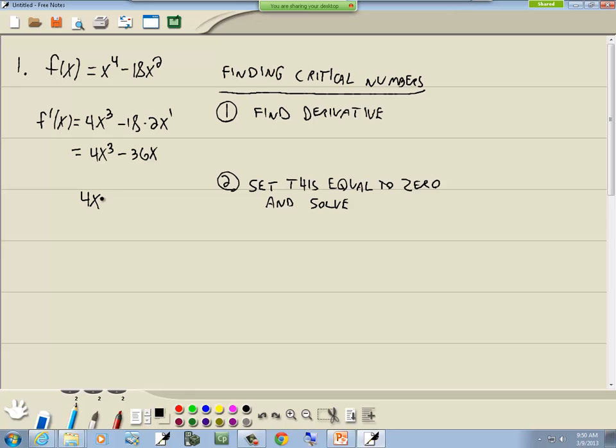So we've got 4x to the third minus 36x equal to 0. And we're going to factor out the GCF, greatest common factor. They're both divisible by 4, and they both at least have one x. So that 4 is gone. One of those x's is gone, so that leaves us x squared here. Minus 36 divided by 4 is 9, and that x is gone.